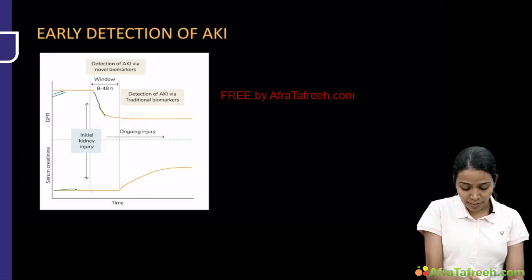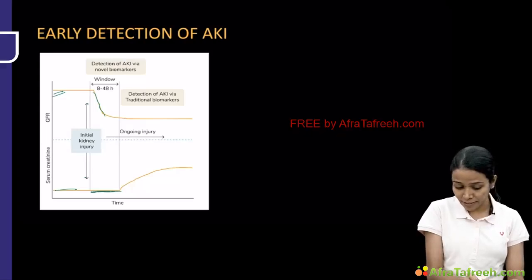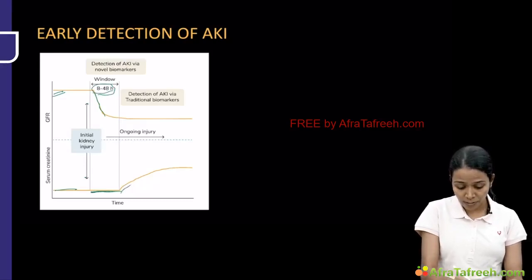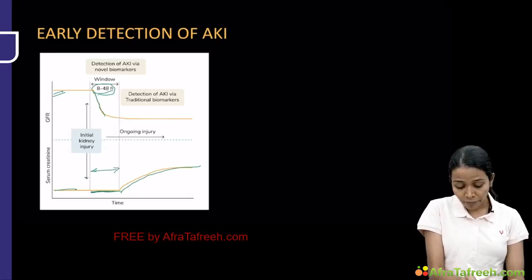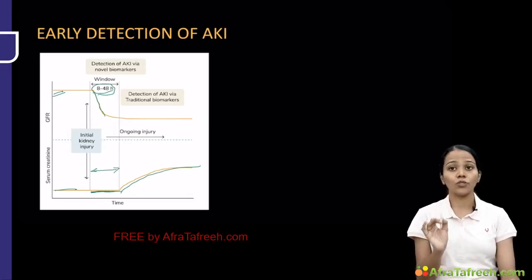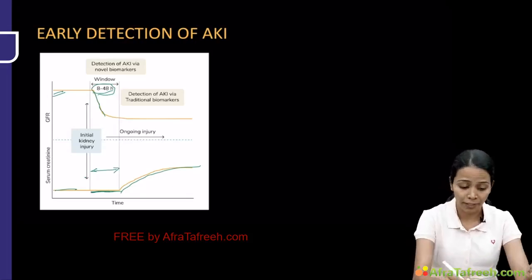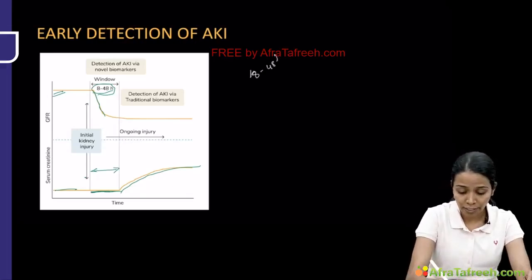But then you'll notice the serum creatinine has not started increasing. There's a window of 8 to 48 hours before which serum creatinine starts increasing. So in this window, serum creatinine will not show us that the patient is in acute kidney injury. So it misses a crucial period of 8 to 48 hours.